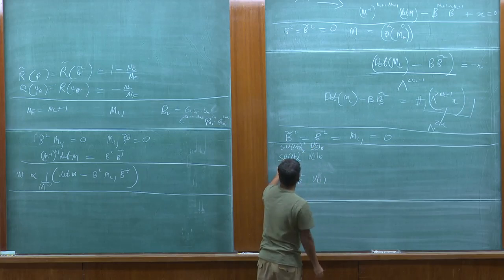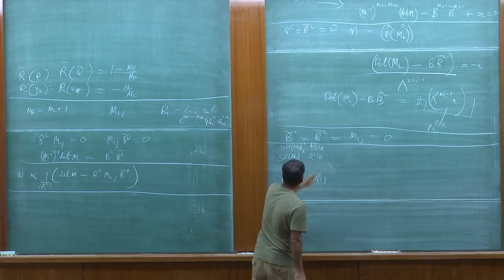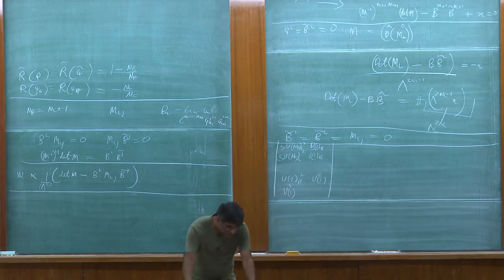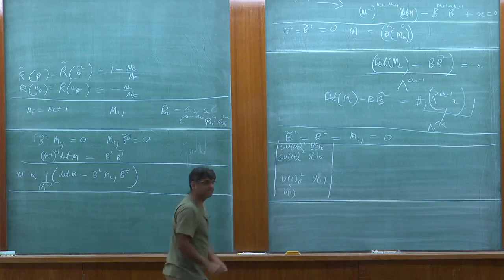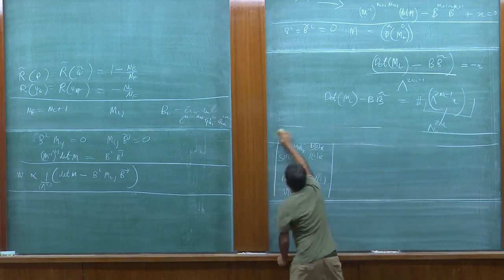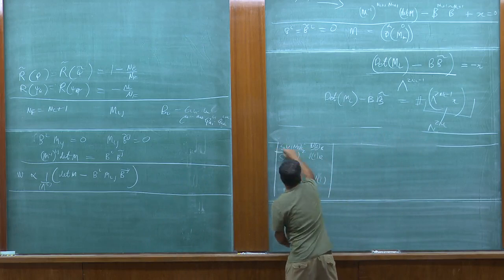Then there's SU(NF) squared times U(1)_R, U(1)_B squared times U(1)_R, and I think these are the four independent ones. Let me check. Yeah, that's good. Okay, so now let us start filling out our table.